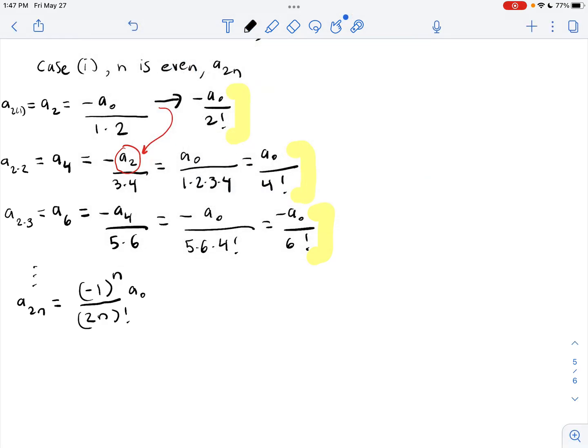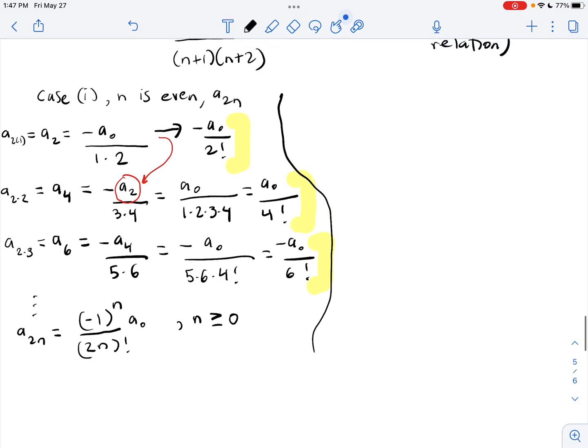And remember, this formula actually does make sense even if n is 0, because if you plug 0 in here, you actually get that a0 is itself. And so this is true for n greater than or equal to 0. Okay. So that is case 1.